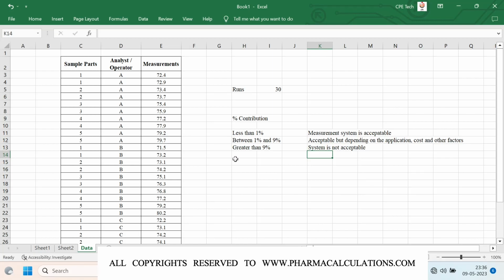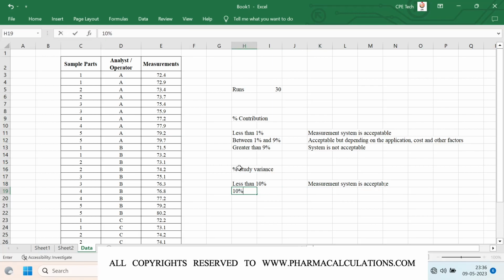And in a similar way, for the percentage study variation, if it is less than 10%, the measurement system is acceptable.